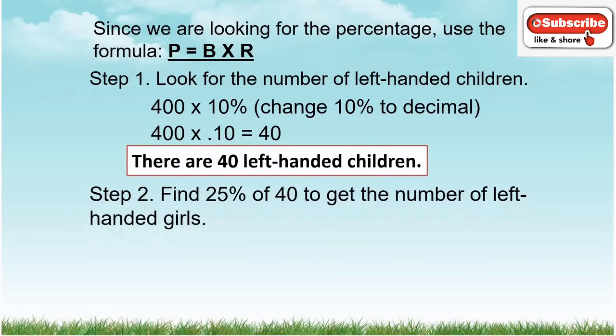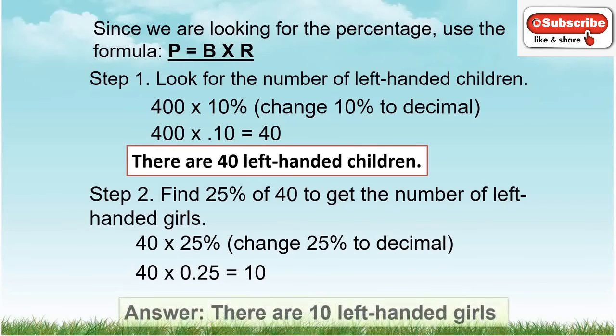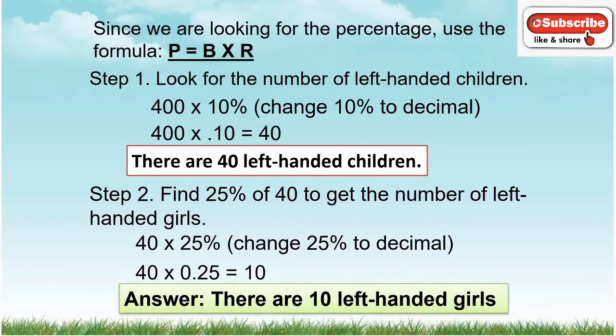Find 25% of 40 to get the number of left-handed girls. 40 times 25%. Change 25% to decimal. 40 times 25 hundredths is equal to 10. The answer is, there are 10 left-handed girls.